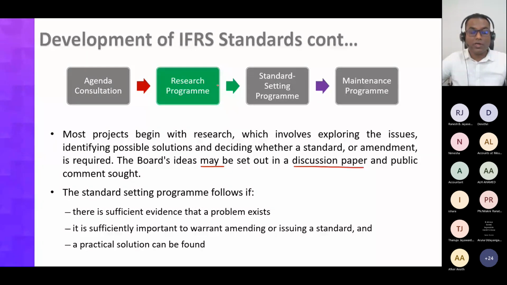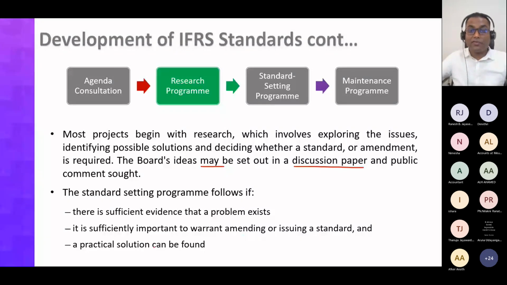Sometimes at the research program stage, if they believe there is no requirement to develop a new standard or an amendment, that's it, you don't go to the next stage. But the next stage, the standard setting program, is followed if you believe at the end of the research program that a problem exists and sufficient evidence is there. Then it is important to amend the standard or to issue a new standard.